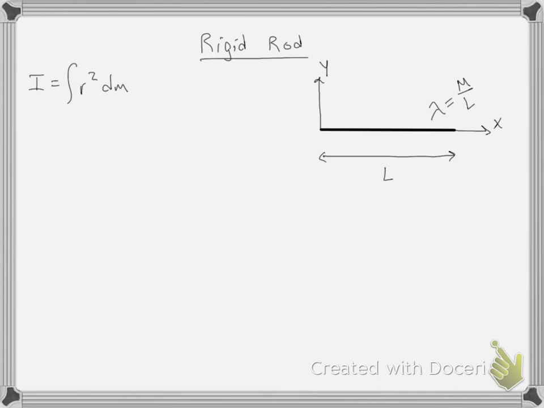Okay? So we need to rewrite this integral of r squared dm in a different way, right? We can't just integrate straight away from here. So I'm going to take that lambda, which is actually like so, and I'm going to rewrite it. Let's go in the upper right-hand corner. We can say that mass is equal to lambda L. Okay.